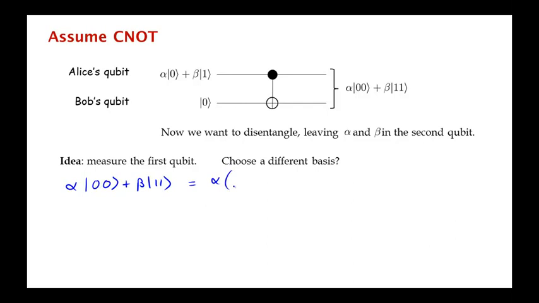So alpha 0 is 1 over square root 2 plus plus 1 over square root 2 minus.